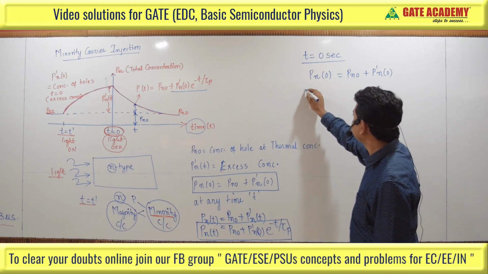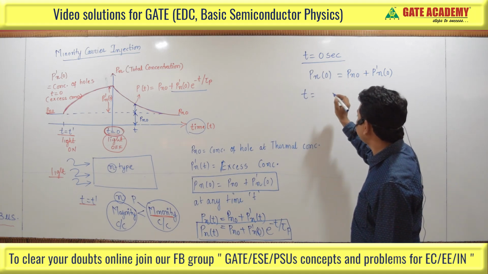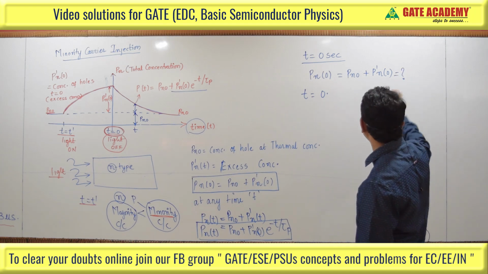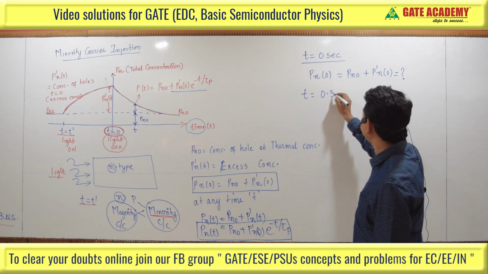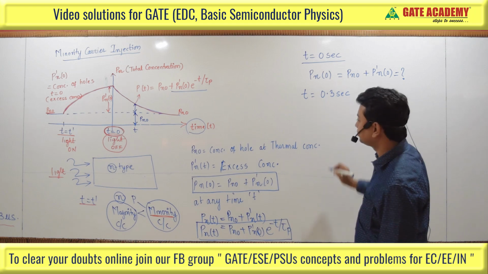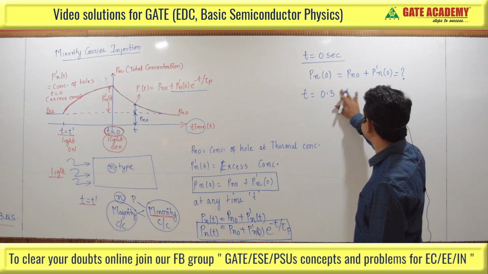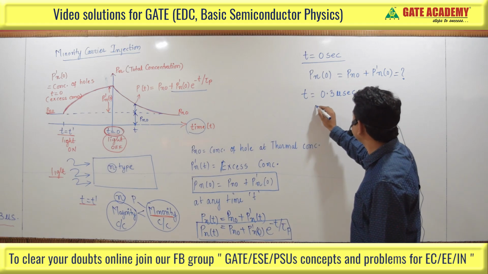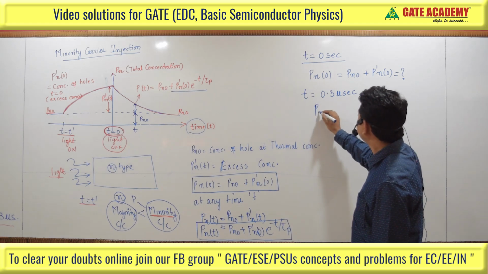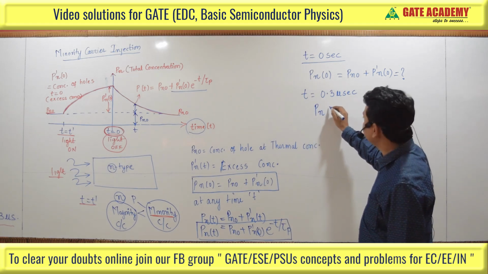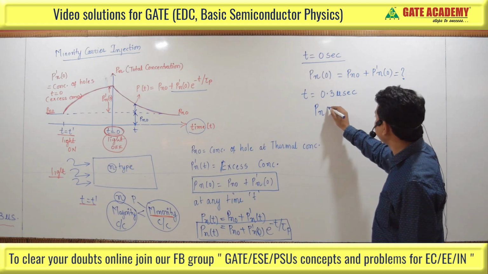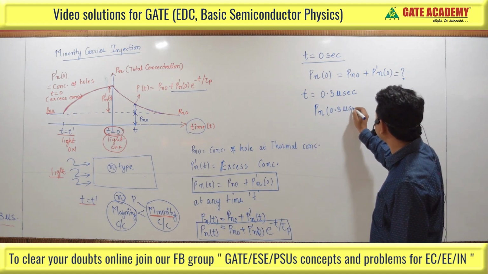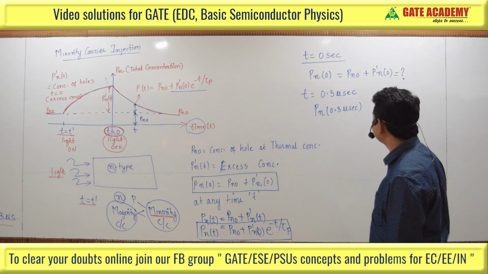And the second is what is the total concentration at time t equal to, this is the question mark, we have to find out, and this is 0.3 microsecond. So this is equal to P, the hole concentration at time t equal to 0.3 microsecond.